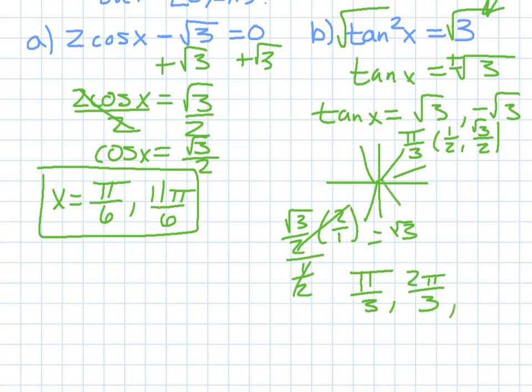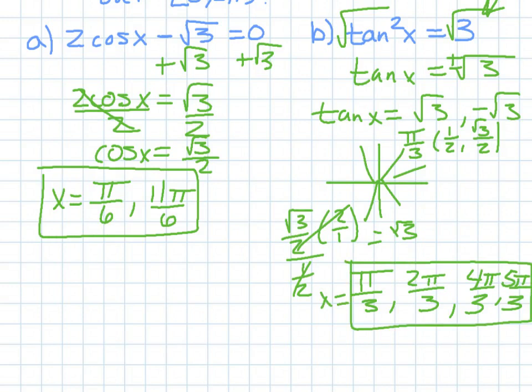And then at 5 pi over 3, y will be only negative, but cosine or x will be positive, so it'll give you a negative square root of 3. Okay, so here those are all the values that give you the ratio of plus or minus square root of 3 for tangent.